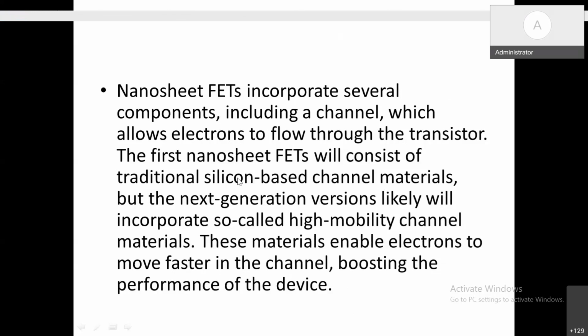Possibly now they are using silicon germanium, but the next generation may use high mobility materials, the group 3, group 5 materials in the periodic table, because we are trying to go for a maximum operating frequency of 4 gigahertz. Even in the inaugural function I think it was mentioned that this is the maximum speed at which the transistors can work. That can be done with the concept of nanosheets.